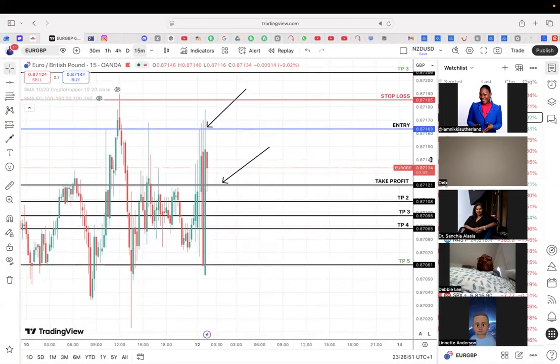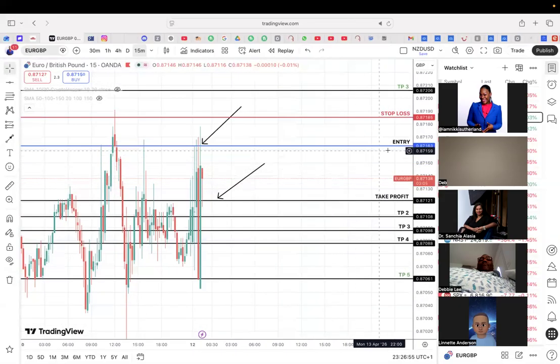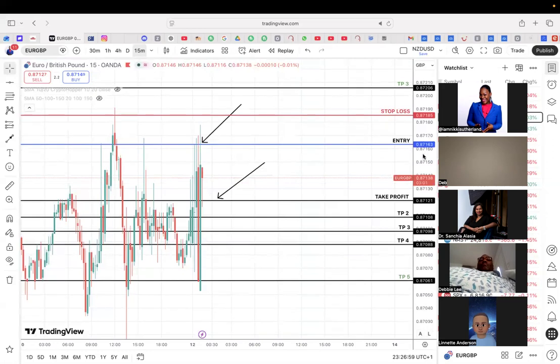So just a quick reminder, when we're trading, we're not trading from our bank accounts, we are trading from our trade account. So you would have uploaded some money onto your trade account. Okay, let's say for example, you uploaded £200 on your trade account and you're trading, you would not want to risk that whole £200 on one trade, would you?